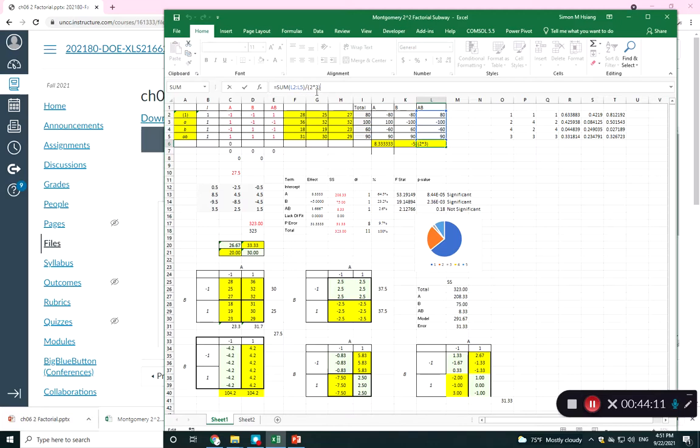So 2 is just the contrast, right? Before and after, before and after. So it's divided by 2, right? And 3 is the number of observations. So if I have 4 observations rather than 3, it should be divided by 2 times 4. You guys follow me? So here is your effect.